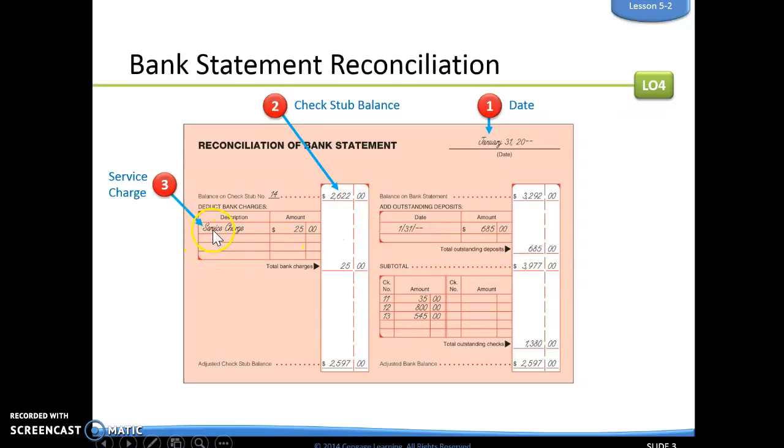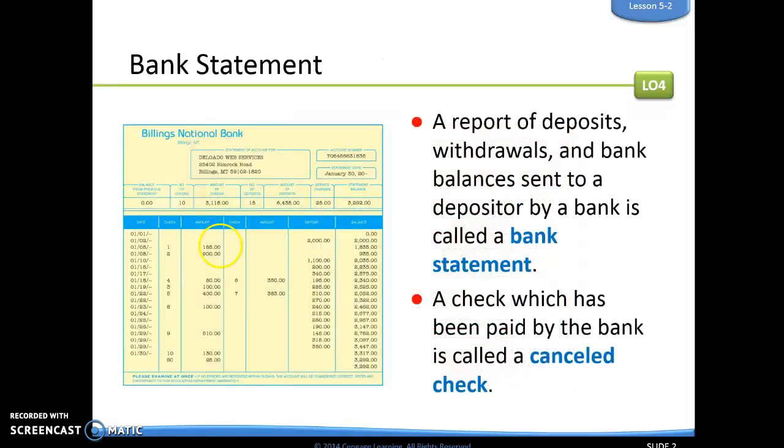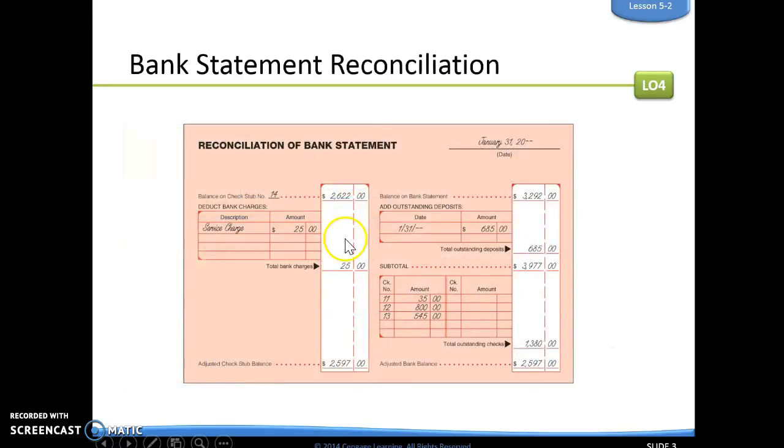Next thing that we need to do is add that service charge. I'm going to go back a slide quick. When we looked at this slide at the bottom, we had that service charge of $25. Well, we don't have that in our own records yet because it just appeared on our bank statement. So we need to make sure that we put that into our check stub. So we're going to write the description, service charge, $25.